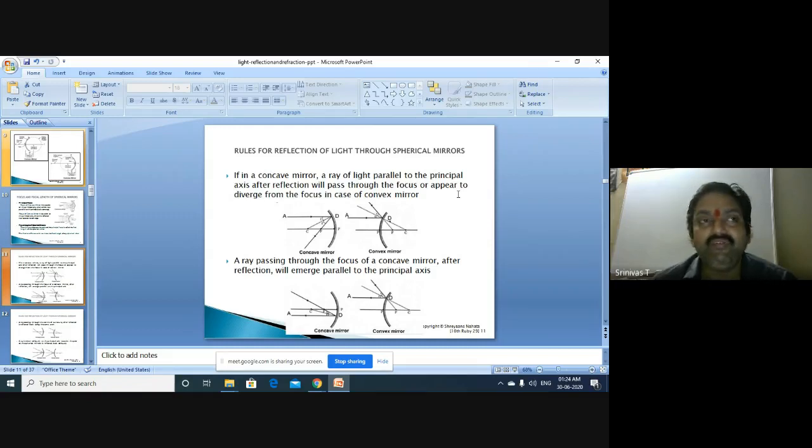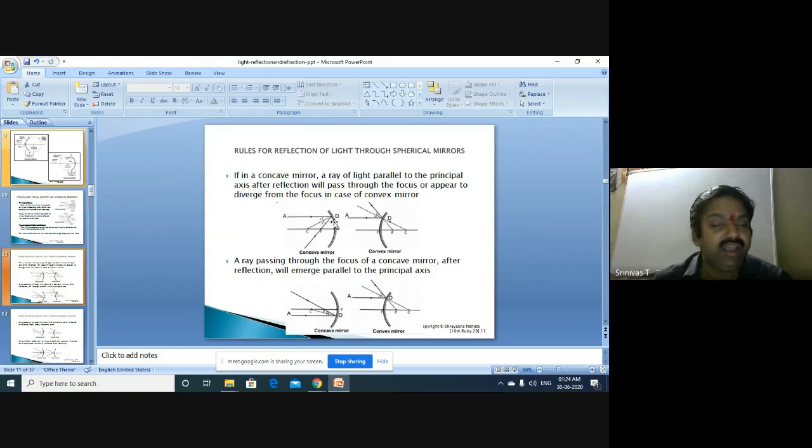The first rule is that in a concave mirror, a ray of light that is parallel to the principal axis, after reflection, will pass through the focus, or appear to diverge from the focus in the case of a convex mirror. You can see in the diagram that this is the principal axis and the ray of light AD is parallel to the principal axis.